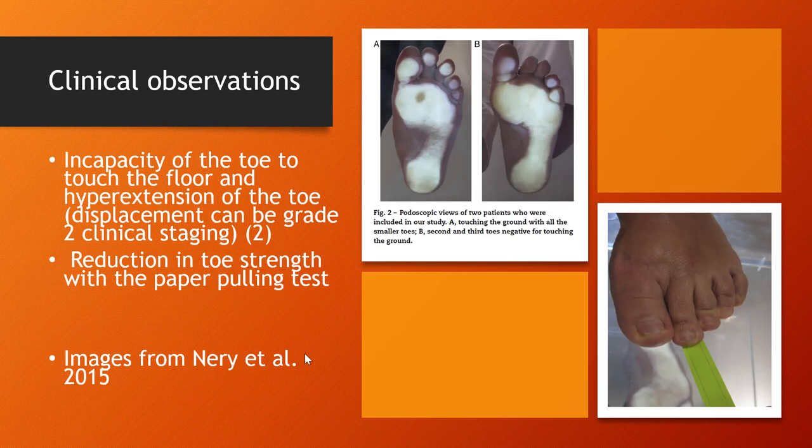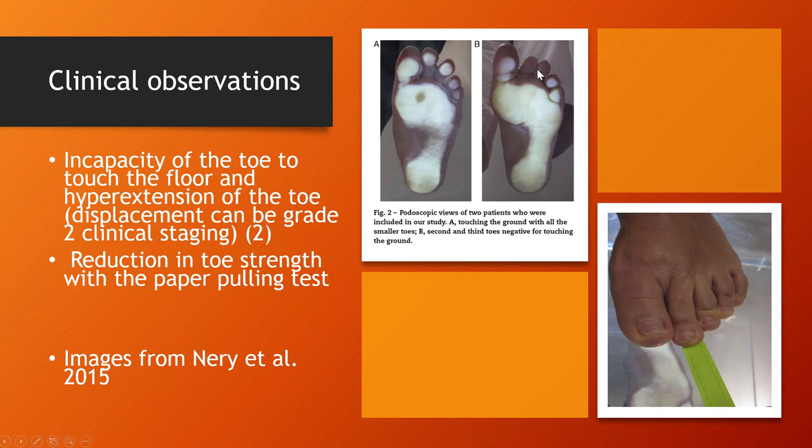Some of the clinical observations that podiatrists and surgeons make: the dorsal elevation of the proximal phalanx that occurs in the sagittal plane can mean that the affected toe doesn't touch the ground. So there's a podoscopic view here showing each toe lighting up normally. That means it did touch the ground. And here's an abnormal foot where these two toes here are not touching the ground, so they're not lit up.